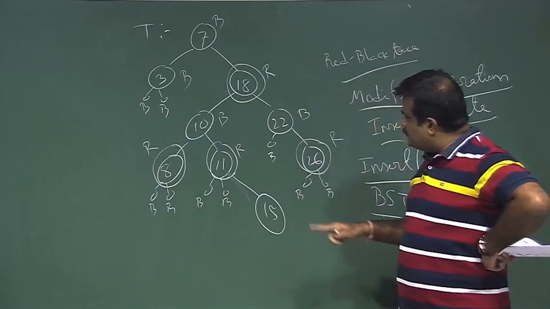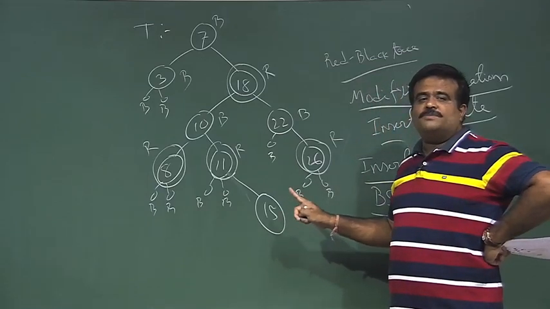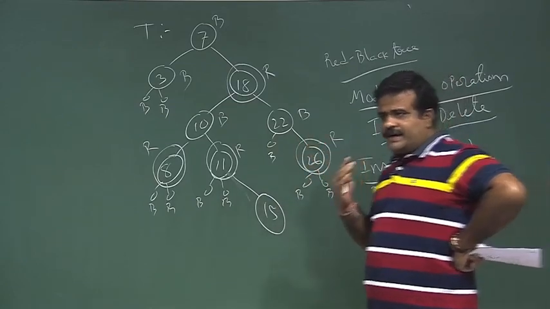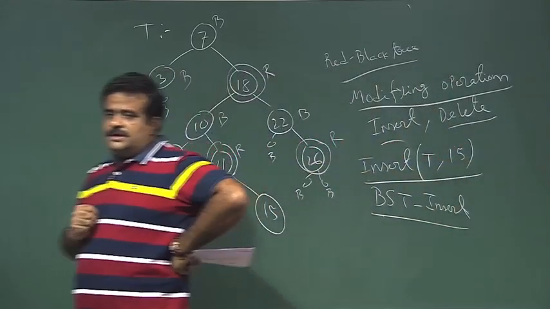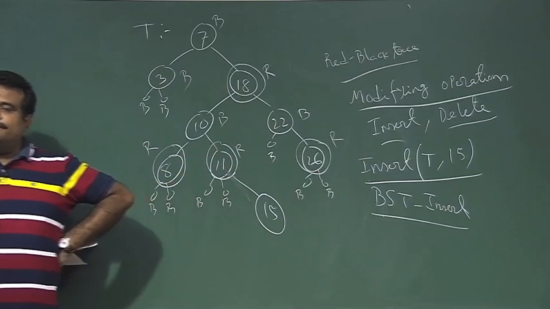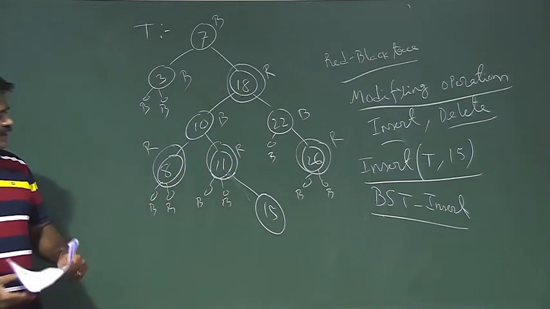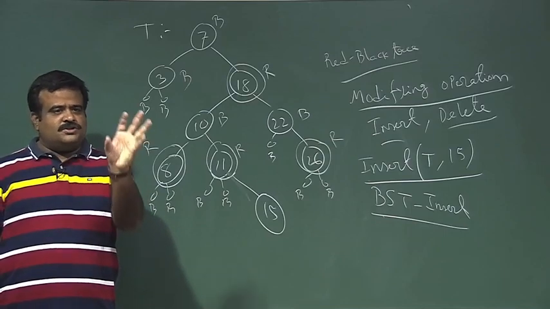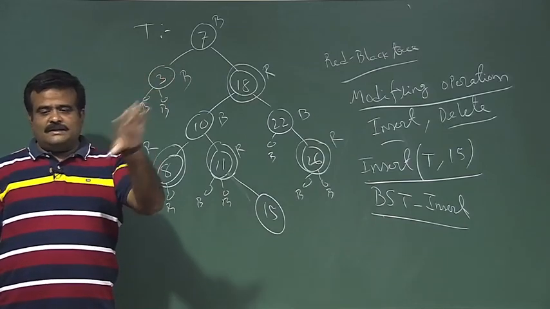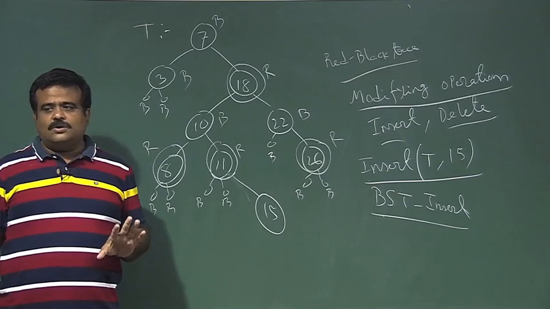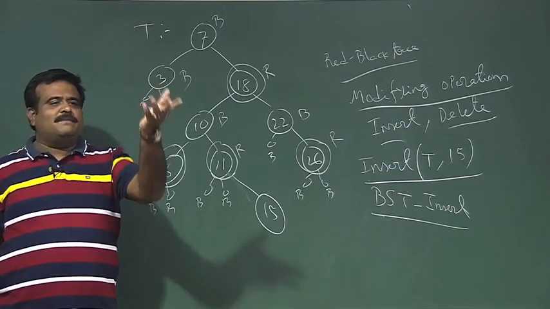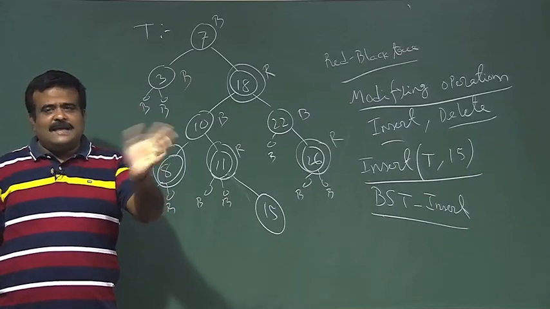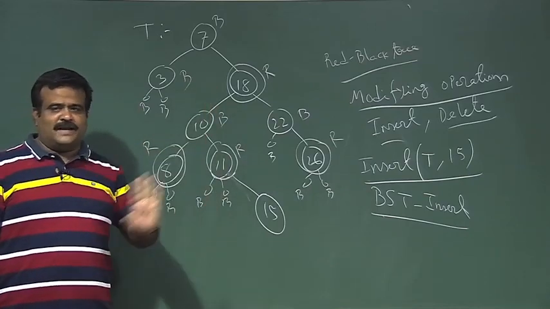Instead, we prefer to give the red color. Now, if the parent of this newly inserted node is black, then there is no problem, because we have inserted a red node, so everywhere the black height is preserved. So, the only issue may be that its parent may be red. Now, if the parent is black, there is no problem, still the tree is a red black tree.